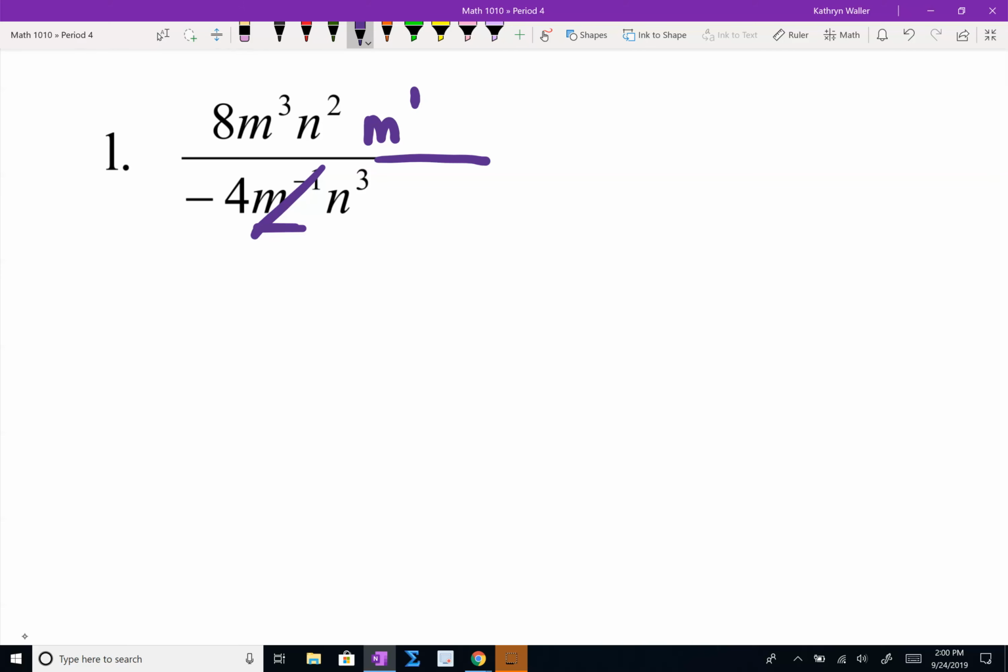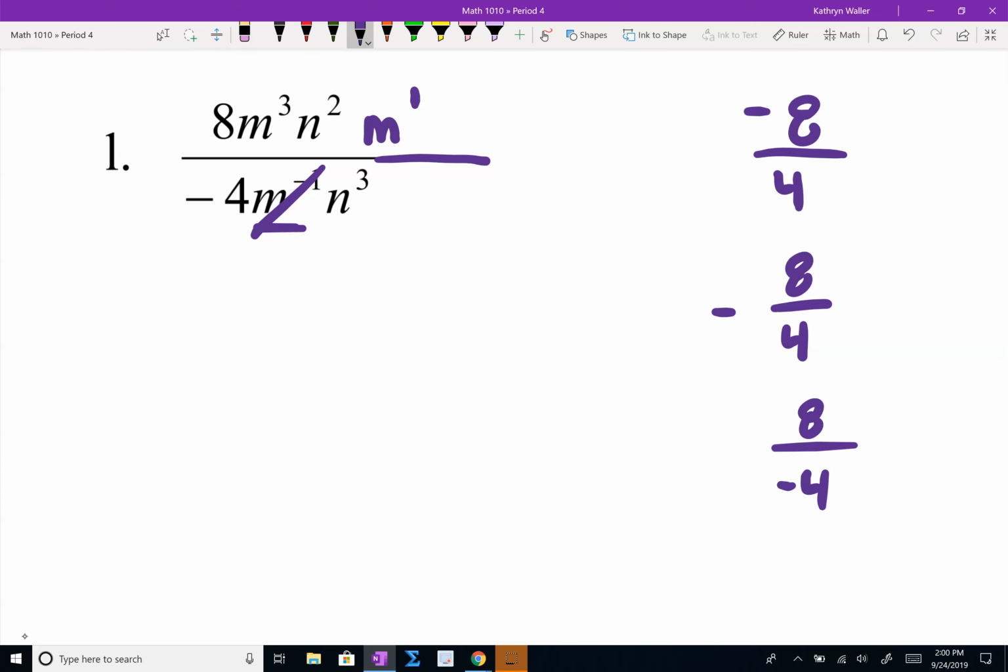Okay, now I'm going to tell you something else. I don't think we've talked about this. See that 8/4? You could write it like this. You could write it like this. Or you could write it like that. They're all equivalent. One is way safer than the other two. How do you think I want you to write it? Where do I want that negative? Always the top. Yeah, way safer.